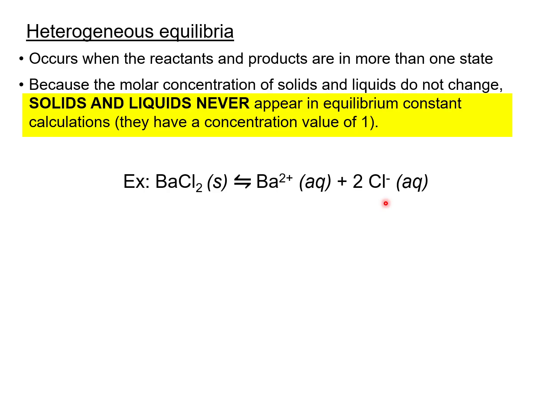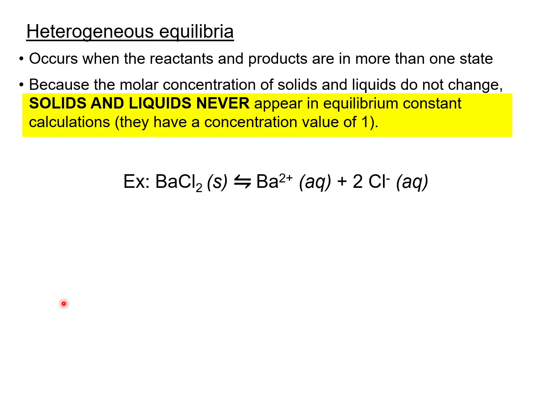One of the reasons why we like heterogeneous equilibria is that we can get rid of the values for some of the different things that are in this equilibrium. That is because the molar concentration of solids and liquids doesn't change as a result of being in this equilibrium.